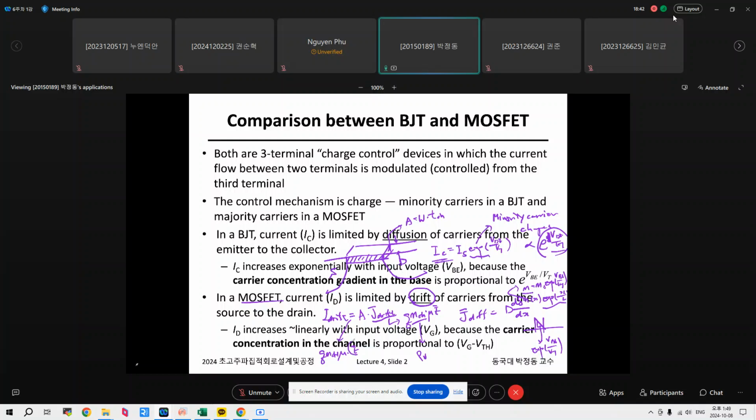So approximately we can just say electric field between this and this is VGS divided by L when it is in saturation, because, okay, VGS minus VTH actually, because there is no channel at all if VGS is less than threshold voltage.